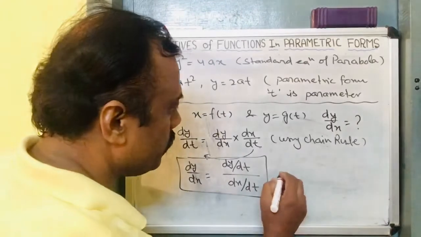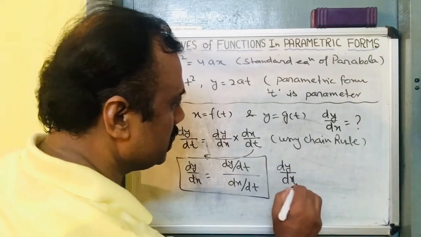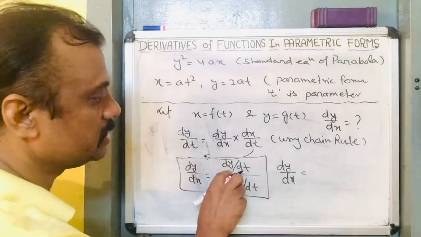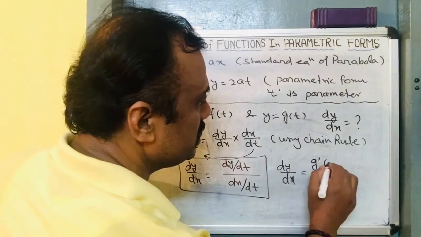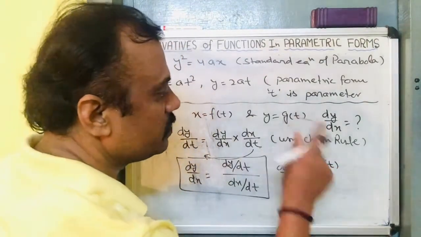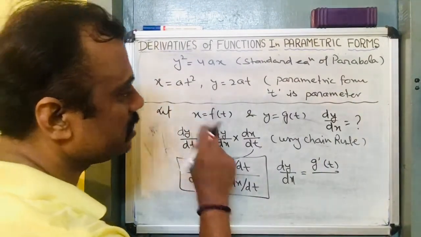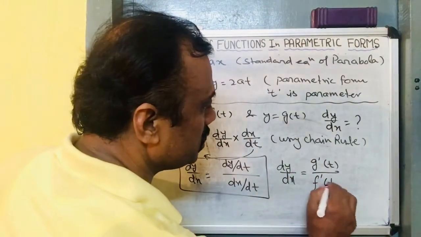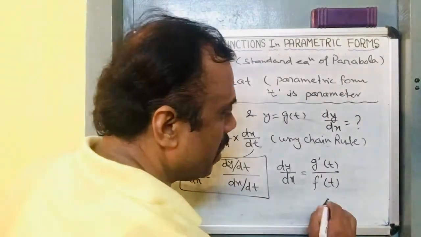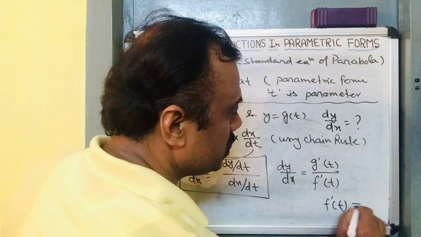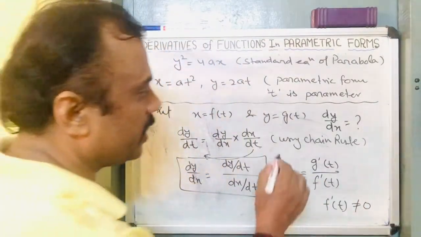Here we can also write dy/dt is nothing but g dash t, the derivative of this function with respect to t, and dx/dt is nothing but f dash t. Here we must have the condition that f dash t must not equal 0, otherwise it will not be defined.